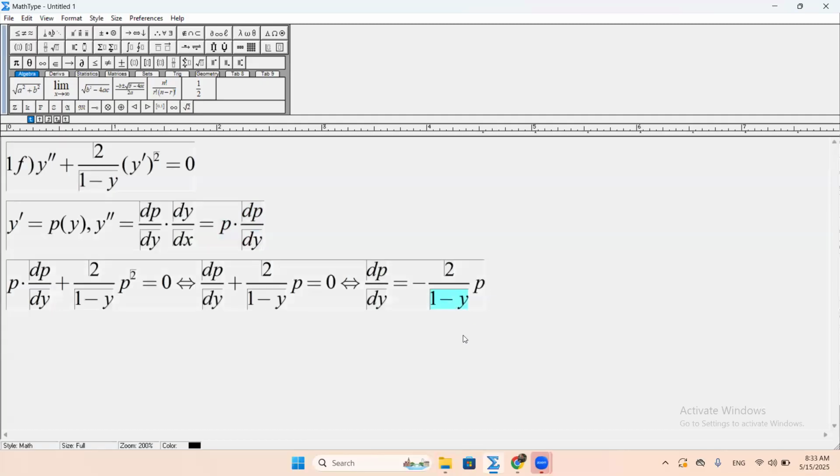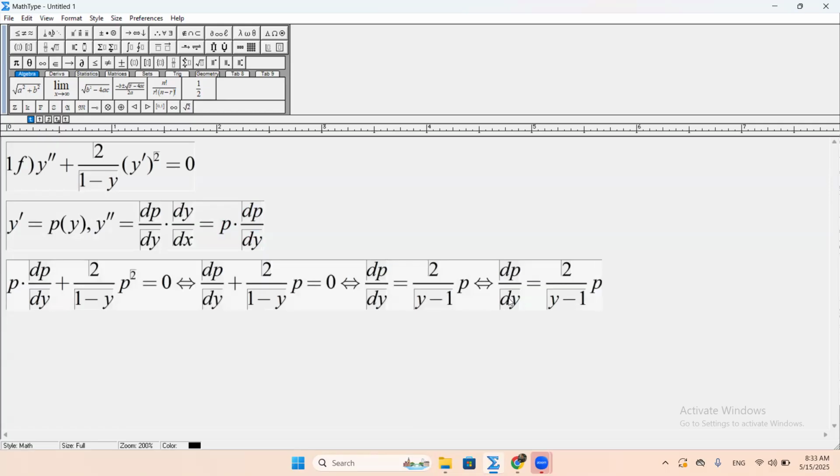And actually it can be written as y minus 1, and we'll remove the minus here. And now continue separating variables.